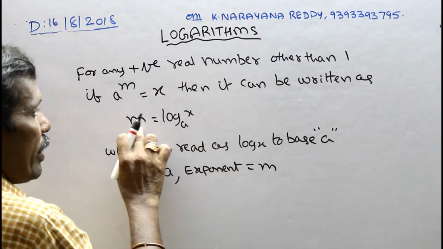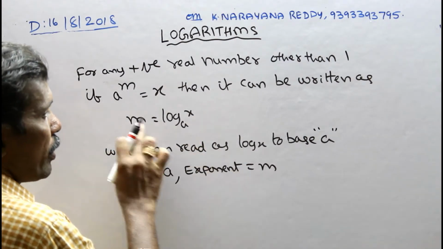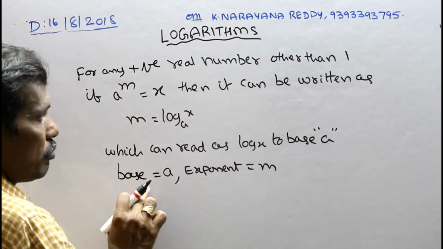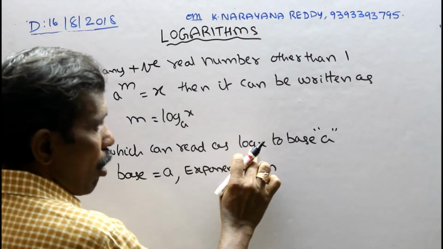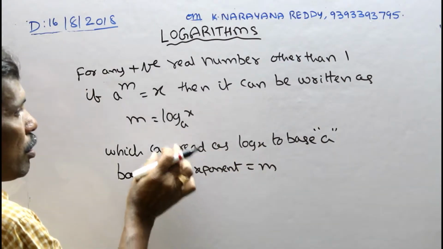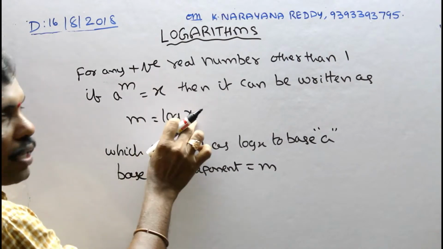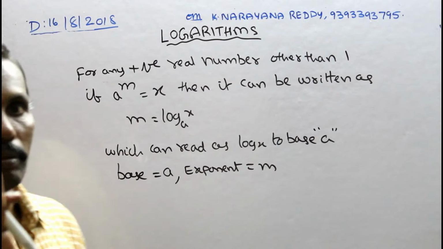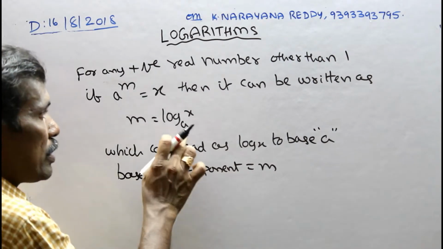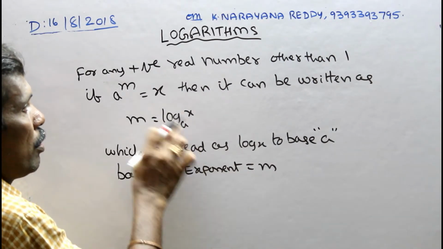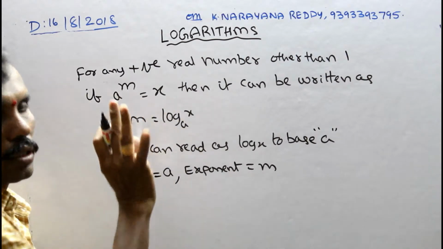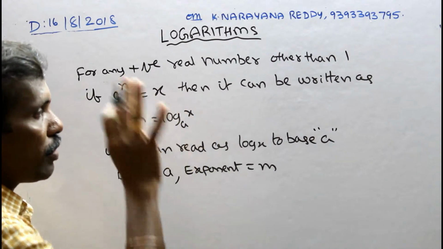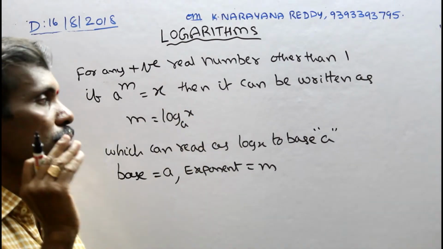Here also, m equals log x to the base a: the exponent is m, and the base is the same. Log x to the base a means the value x to the base a. You have to remember this point: the base is the same, and the exponent is this one. So a to the power of m equals x. This is the way you have to remember.